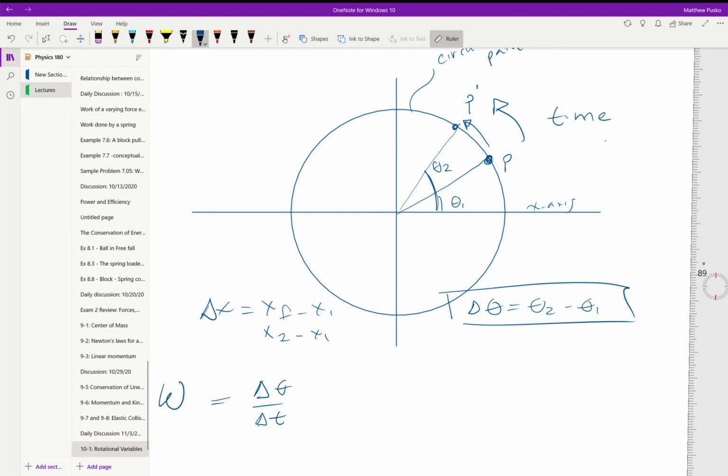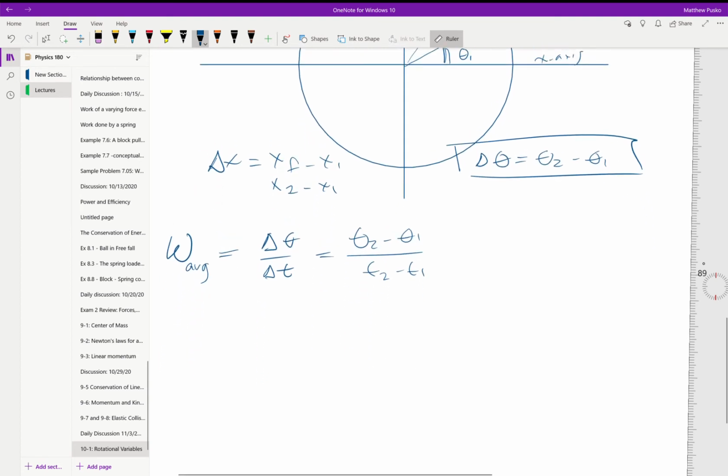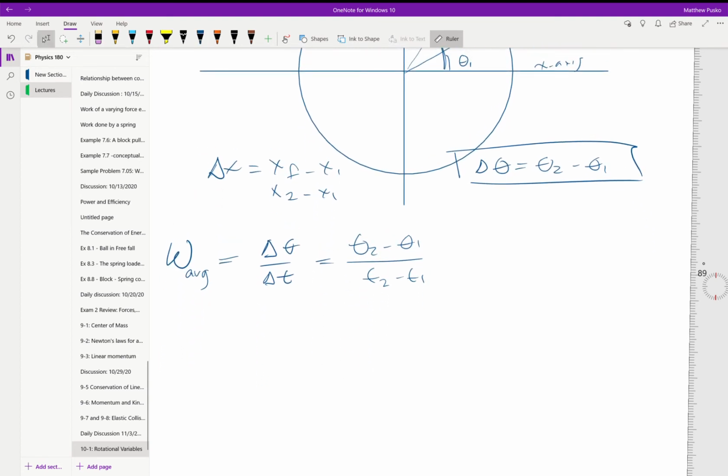And that's going to be denoted with an omega, and this will be our average angular velocity definition. So basically theta 2 minus theta 1 over t2 minus t1. That tells us it's a measure of how fast something is spinning. We're rotating now instead of moving in a straight line.